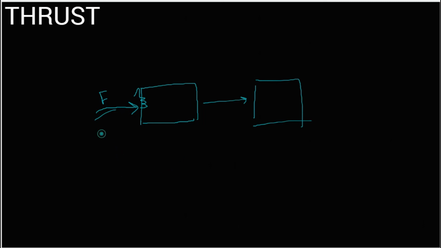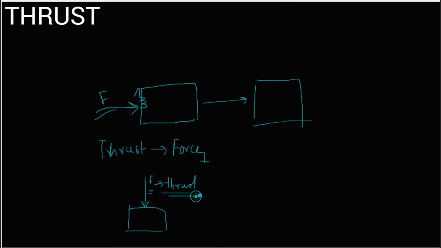Now thrust is exactly the force, but perpendicular, like this is the object, this is the force. If this force is there, you are having thrust. You can find thrust same as the force.